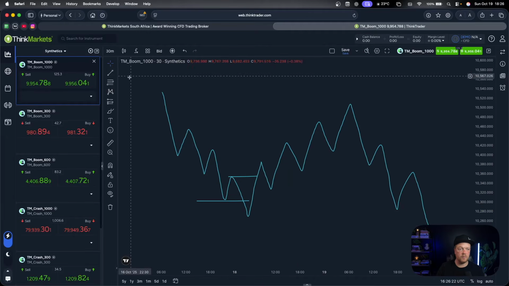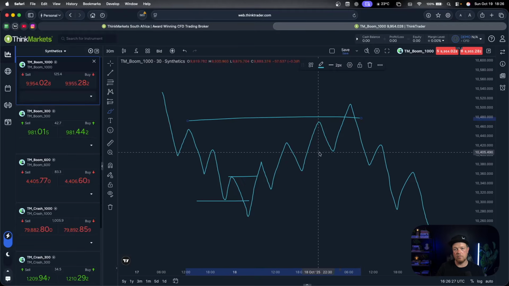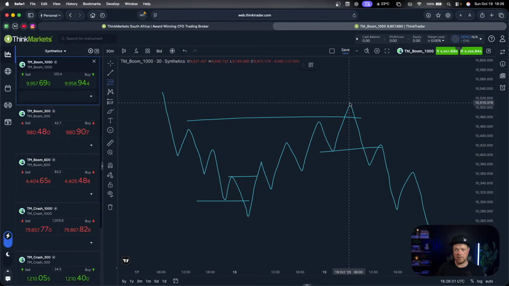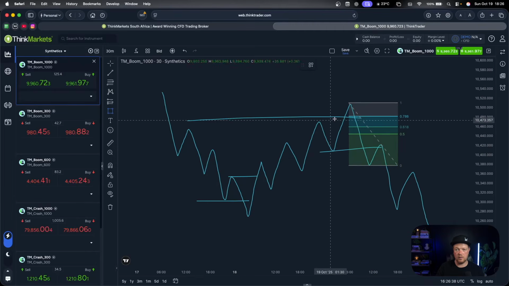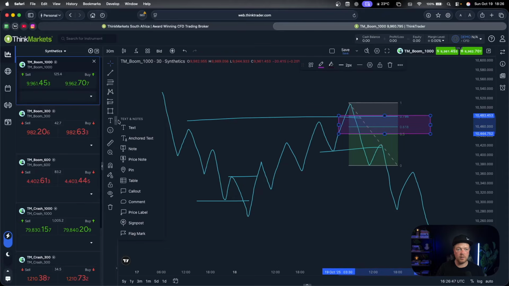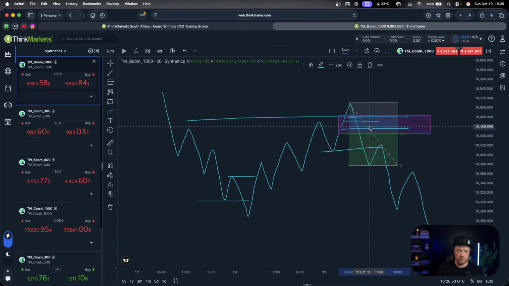So we wait for a liquidity sweep and a market structure shift. You can draw your fib from this high to this low, and then you want to enter basically anywhere in our golden zone, like the 0.5 and 0.78, and then you are going to find a point of interest like an order block, fair value gap, breaker block, all of those types of things.